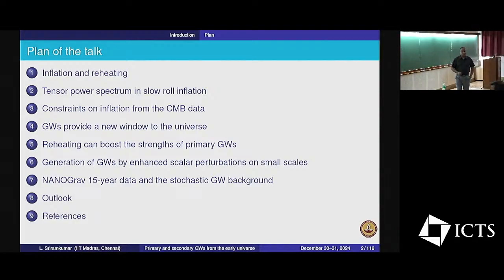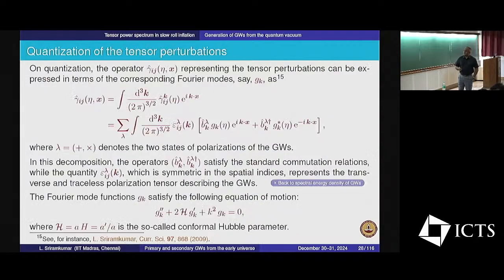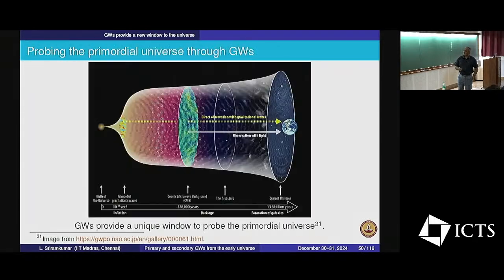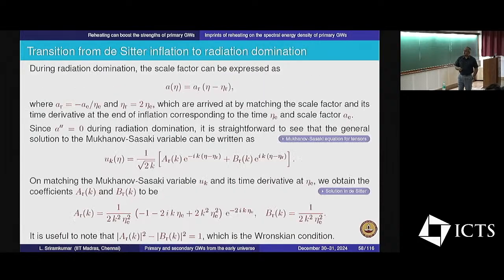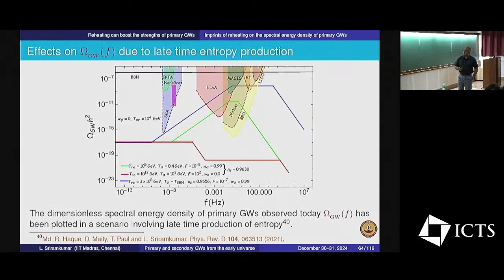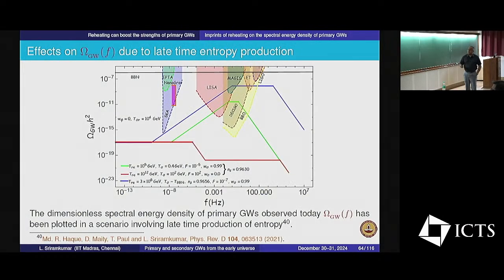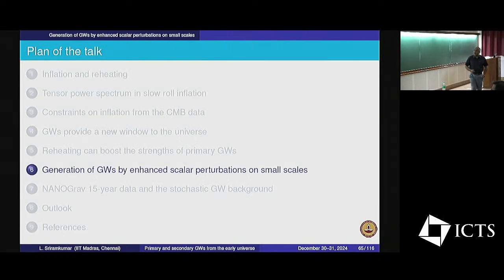And I will close with a brief outlook. So I just need to run through these slides because the laptop is far away. So this is where we were, okay? We finished with a slide such as this.